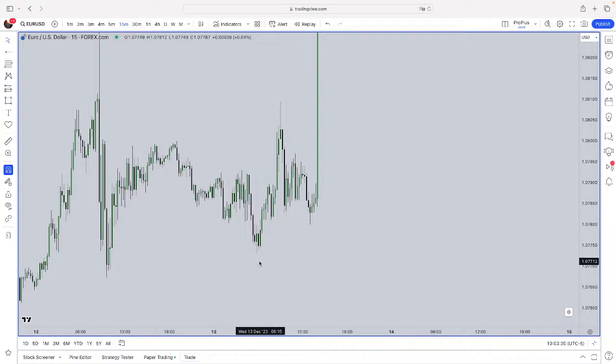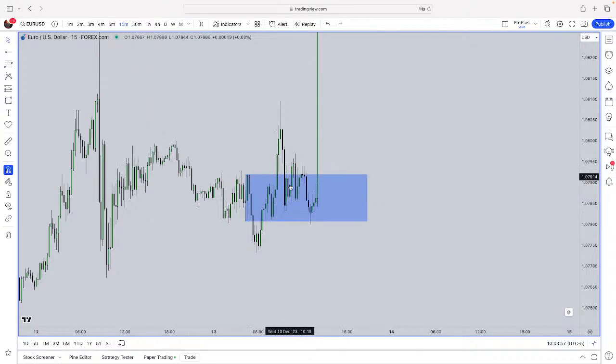Low, high, low, low. Maybe the 15 here. So there's manipulation here. This is the breaker. Draw that across. As soon as price makes a new high here, as soon as price with this candle takes out the high, then this becomes a bullish breaker, sorry.